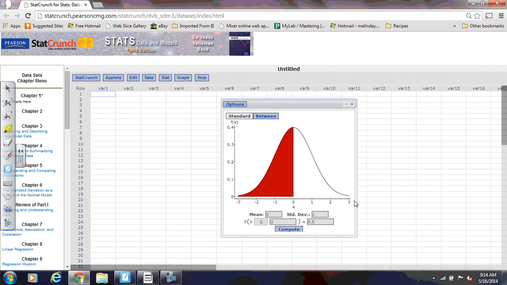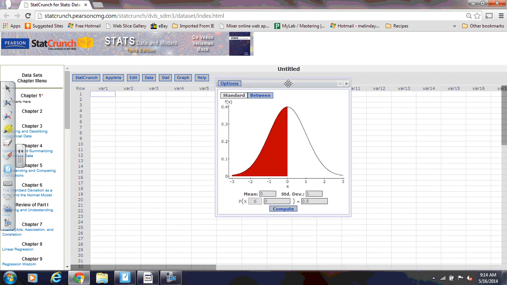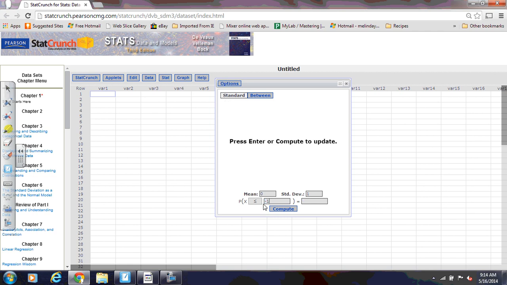It gives us this nice curve here. So we want to find the area less than negative 1.22, and because we've standardized it to have a mean of 0 and a standard deviation of 1, we're using the standard normal curve, so it's all set up correctly. All we need to do is to put in the value negative 1.22 because we're trying to find the area that's less than negative 1.22.